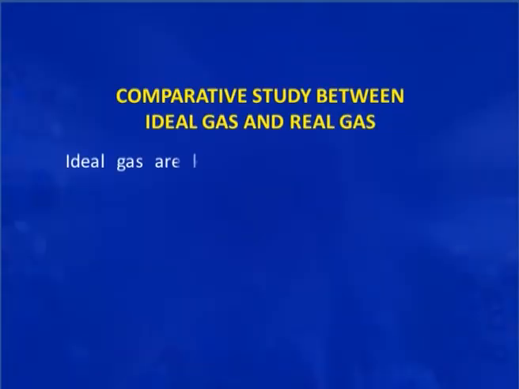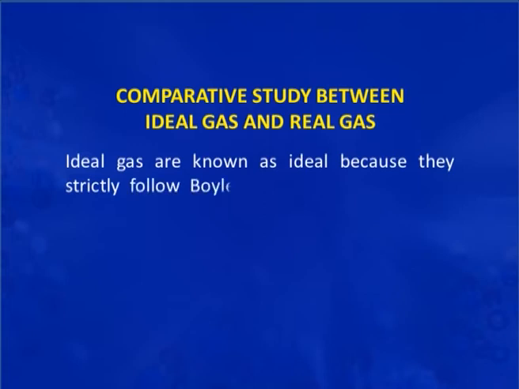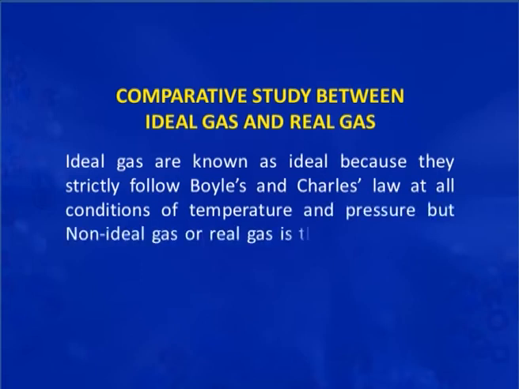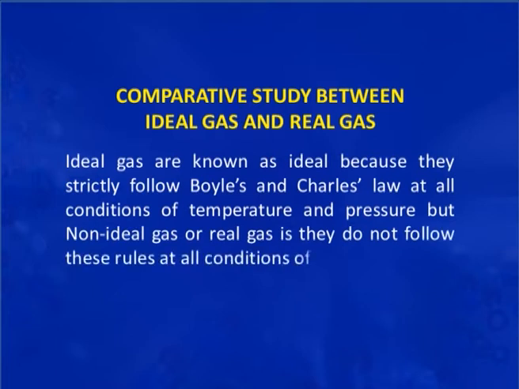So, we did the comparative study between the ideal gas and real gas. Ideal gases are known as ideal because they strictly follow Boyle's and Charles' law at all conditions of temperature and pressure. But non-ideal gases or real gases do not follow these rules at all conditions of temperature and pressure.